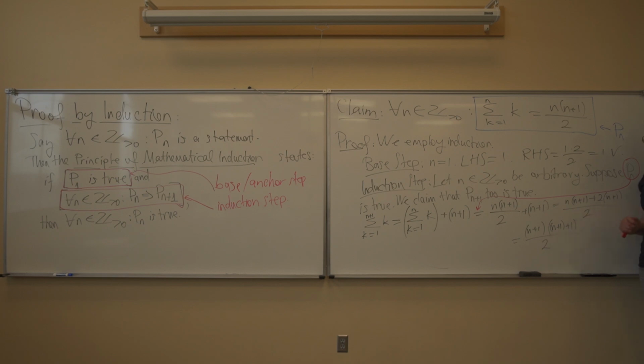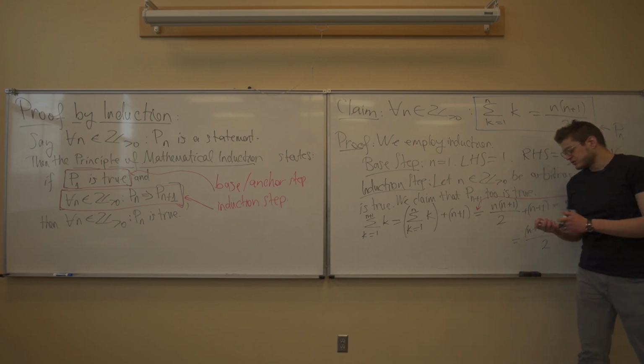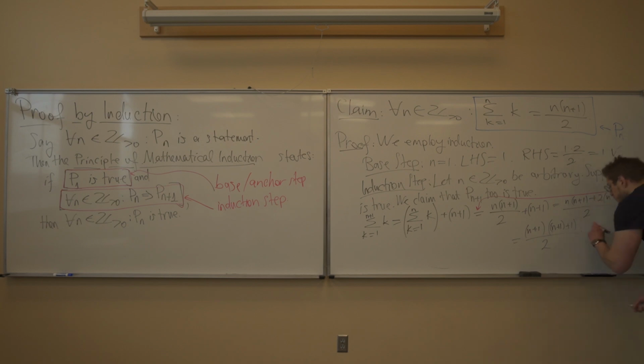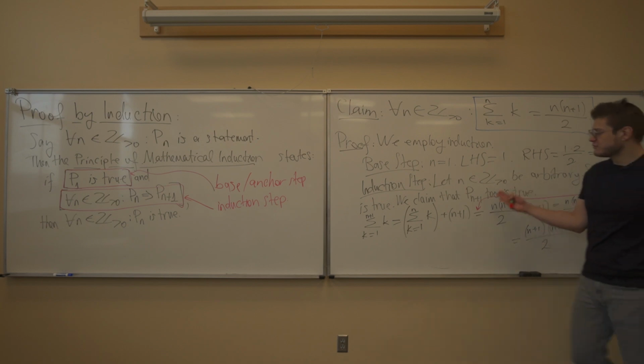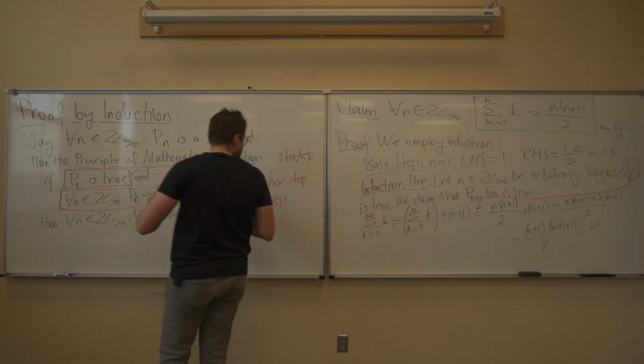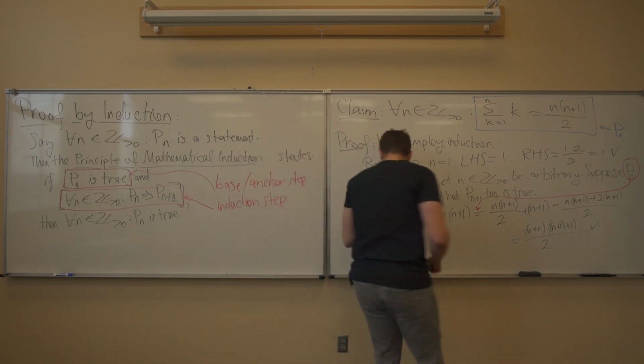That is to say, we were able to show that assuming P sub n, you can show that P sub n plus 1 too is true. Thus, by the principle of mathematical induction, we're done.